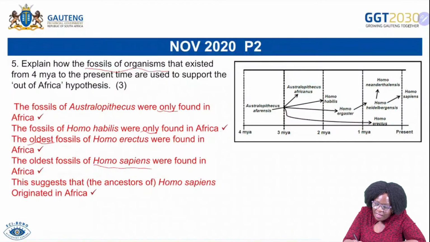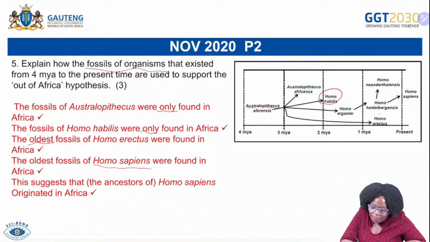So you see that, following the lineage, we are talking about the Australopithecus, right? We have got Australopithecus africanus, Australopithecus afarensis. However, we are just saying the fossils of Australopithecus were only found in Africa. And then we speak about Homo habilis, that they were also only found in Africa.